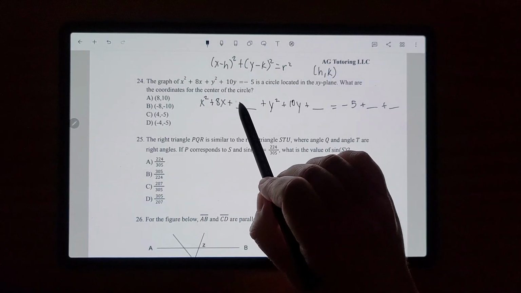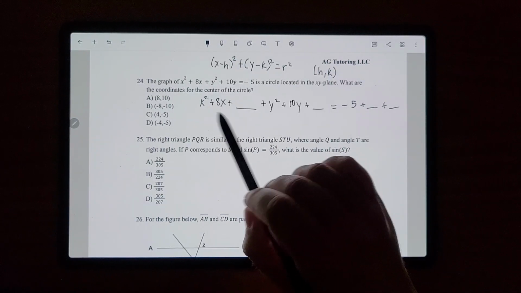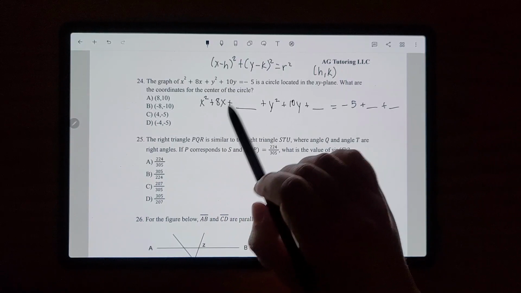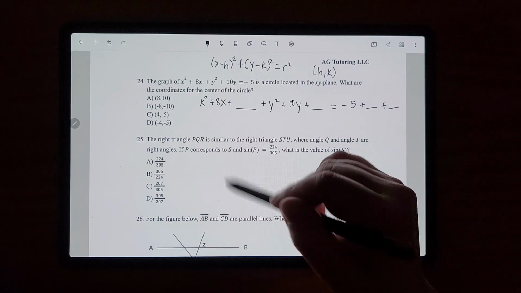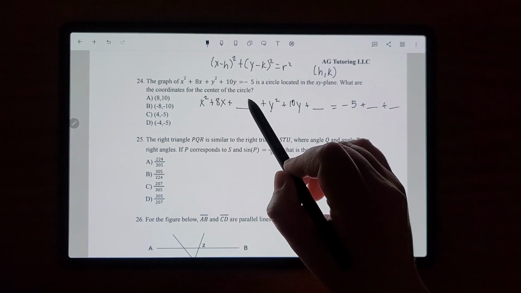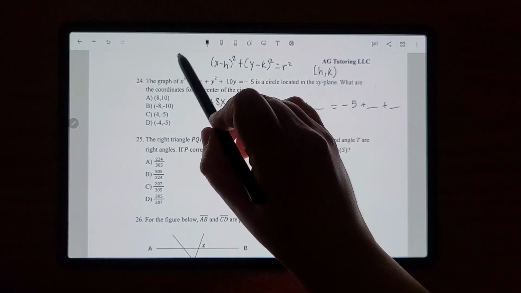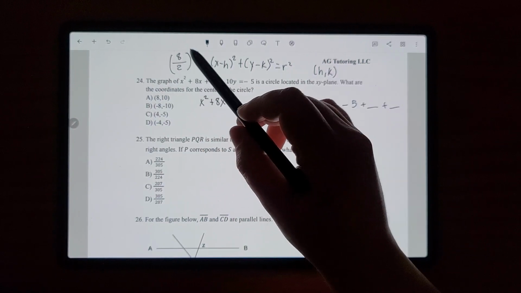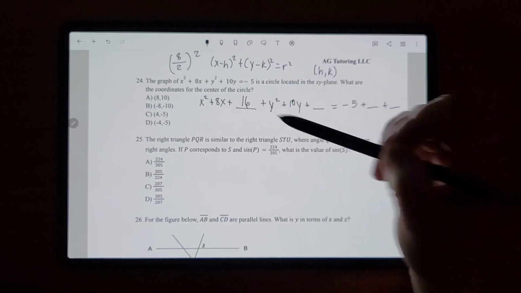Now you say, okay, in front of the regular x, not the x squared, the number in front of it, 8, you have to divide it by 2 and then square it. So the number that goes here is going to be 8 divided by 2 and then squared. So 8 divided by 2 is 4, 4 squared is 16.